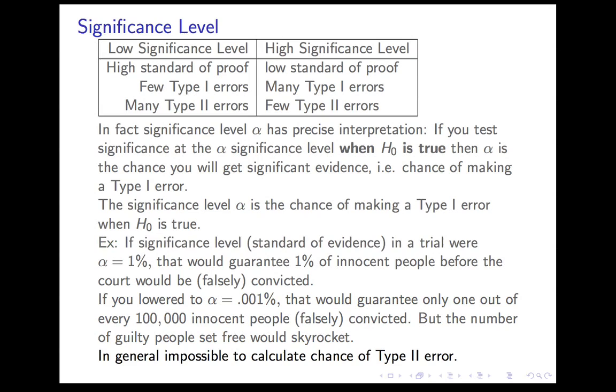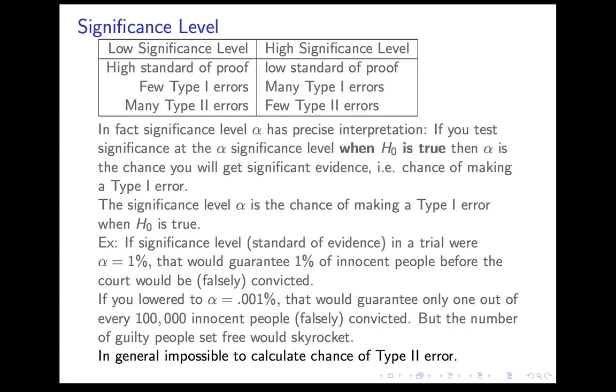And now the logic of formal hypothesis testing has a consequence: while you can always know your chance of making a type 1 error when the null hypothesis is true, you can essentially never calculate your chance of making a type 2 error when the null hypothesis is not true, when the alternate hypothesis is true. That's essentially because the alternate hypothesis is imprecise. It could be slightly true.